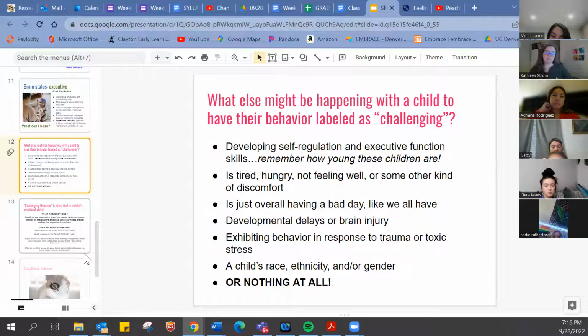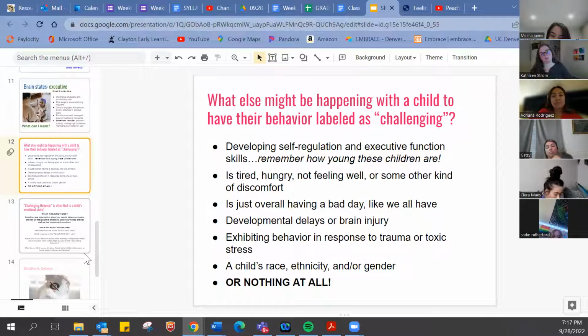Which is hard, right? These are hard things to think about. They're hard things to talk about. They're hard things to process. But they're so important because, as we've been talking about, you all are in this very unique and special position to support young children and to support families.